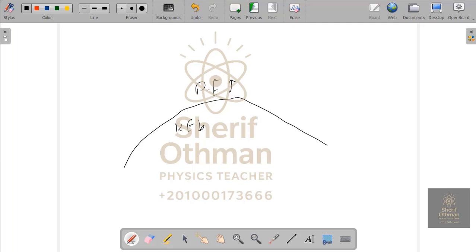While it moves back down, its potential energy decreases, and so its kinetic energy increases. The sum of potential energy and kinetic energy is a constant value of energy called mechanical energy. Mechanical energy is the total energy of an object.